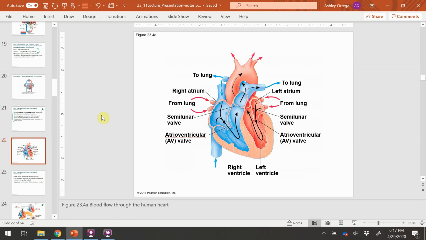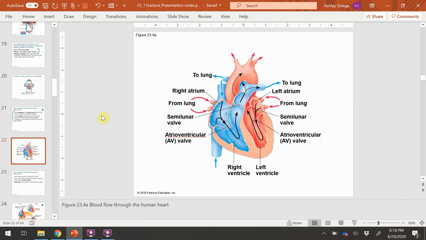And so you can see the structure here. The atria are on top, the ventricles on the bottom. They have valves in between them that are called atrioventricular, or AV valves for short, which makes sense, between atrium and ventricle, A and V. And then the semilunar valves are the valves that the blood goes through after the ventricle.